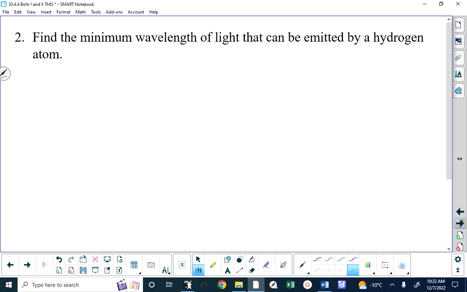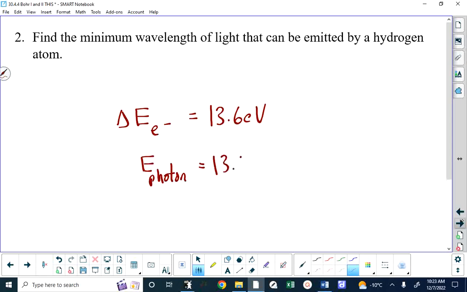What's the minimum wavelength of light that can be emitted by a hydrogen atom? Well, we already discussed this. The minimum wavelength is the most energy, and that means the electron has to lose as much energy. So we have an electron that is free, all of a sudden tunneling down immediately to the ground state, which means the energy change of the electron would be 13.6 eV. And that means the energy of the photon is 13.6 eV.